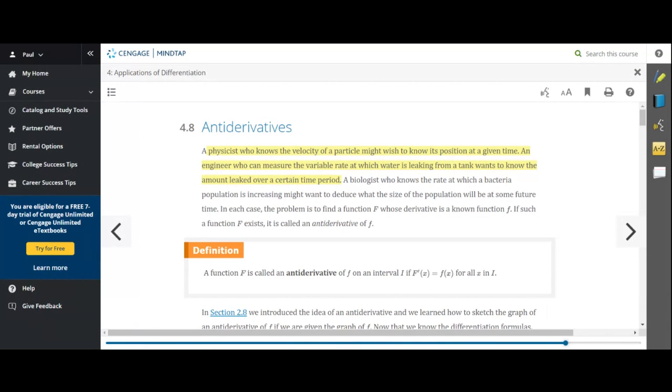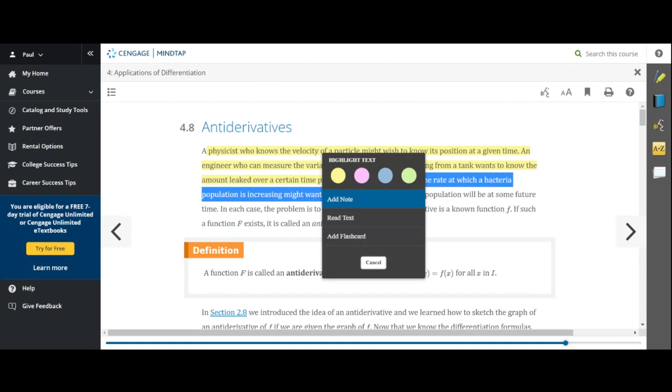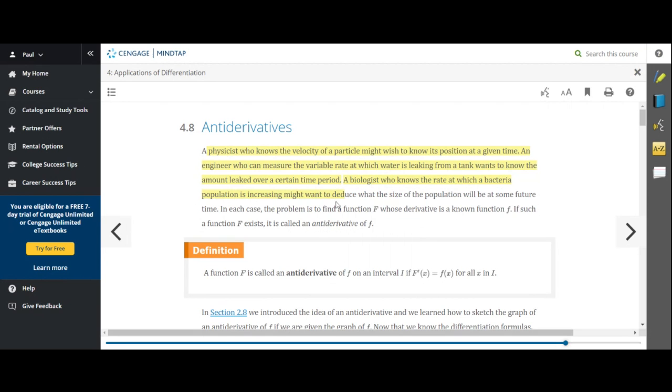An engineer who can measure the variable rate at which water is leaking from a tank wants to know the amount leaked over a certain time period. Another example is a biologist who knows the rate at which a bacteria population is increasing and might want to deduce the size of the population at some future time.